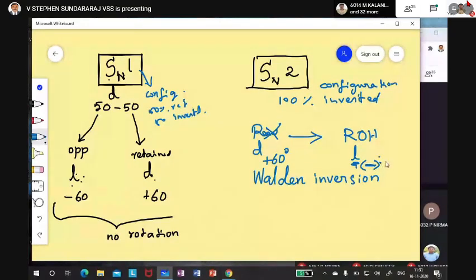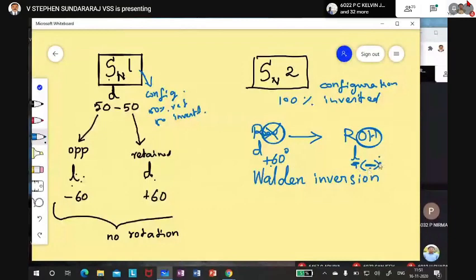The reason is that here it is RX, but there it is ROH. So the direction of rotation will change because the configuration changes, but the value may be anything.